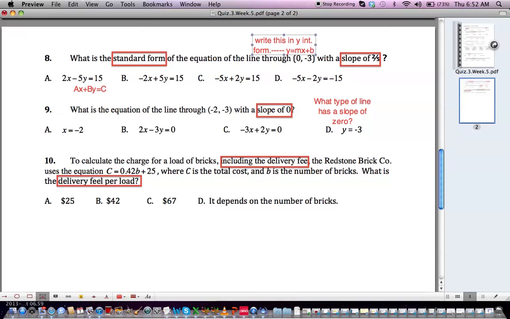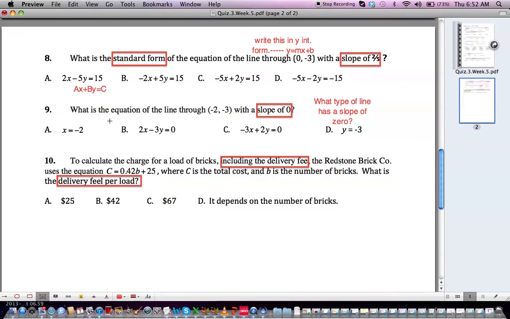I would do that first. Okay? So take what you know. Here's the slope. You put that in for the m. And your y-intercept, think about this, (0, -3). There's your y-intercept right here, it is -3. So you should have y equals, you've got your m and you've got your intercept. Now you can take that and put it into standard form. Okay, raise your hand if you have any questions on that one.